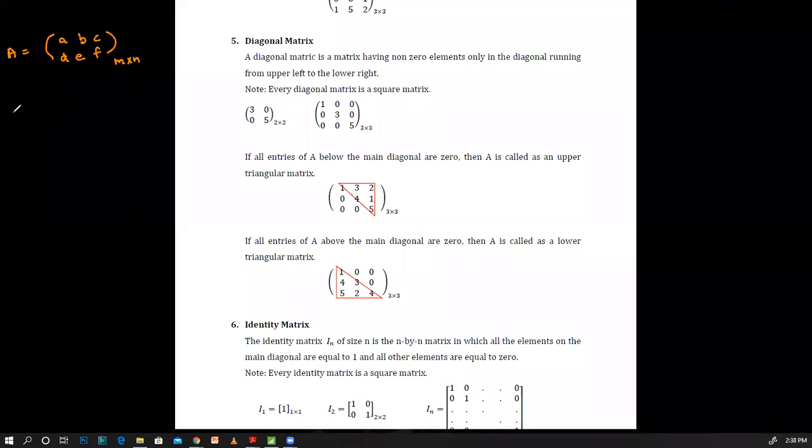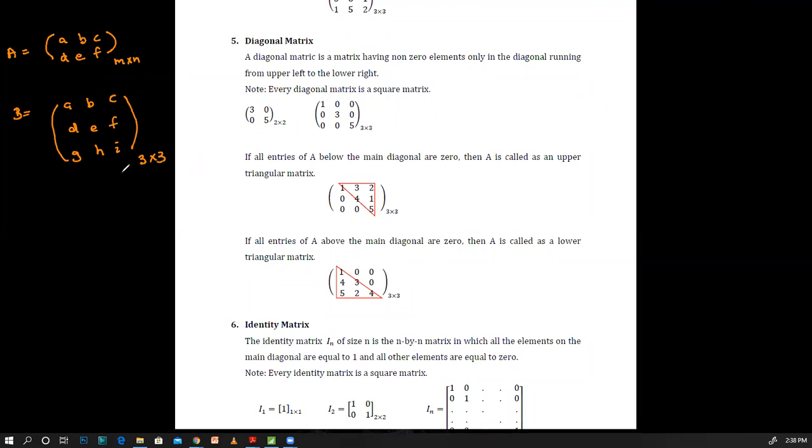Apart from that, you have considered the new form, B, as a square matrix. It is quite like a, b, c. You have defined this as a square matrix. I have taken it as 3 by 3.